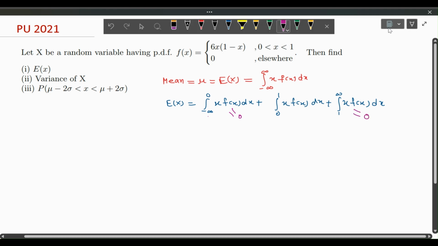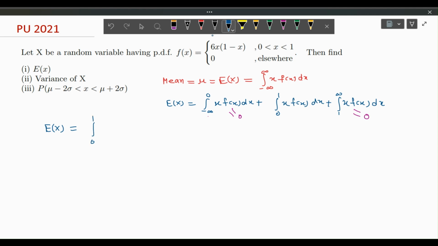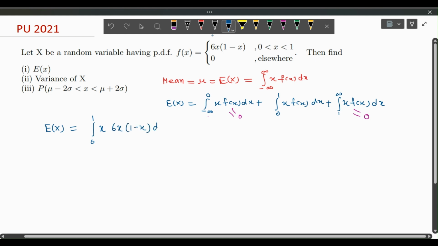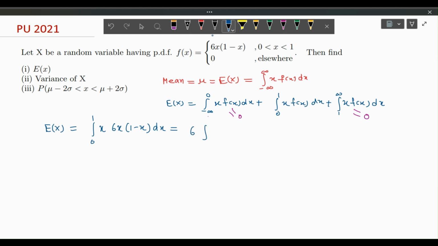Only one integral survives, which is 0 to 1 of x times f(x), which is 6x times (1 minus x) dx. Here 6 is constant, and integrating from 0 to 1, this becomes x square minus x cube dx.